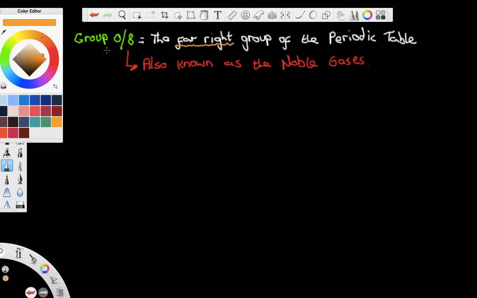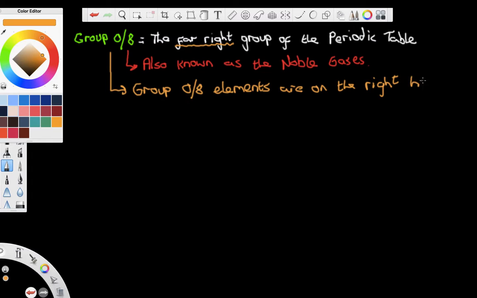Okay, so group 0 elements or group 8 elements are on the right hand side of the periodic table so are non-metals.